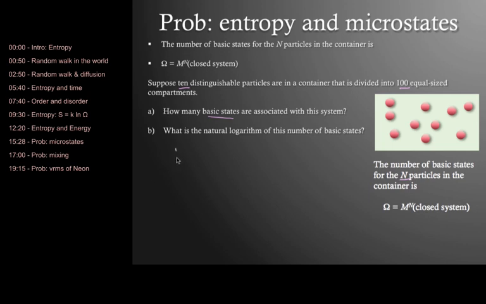That means that for one particle, there are 100 different places I could put that particle. But now I have 10 particles, so I take this number of states for one particle and raise it to the n. So this is m to the n, and this is going to be my number of states, my omega.